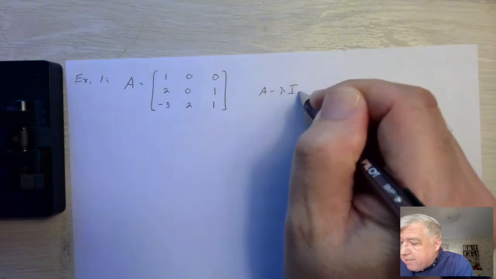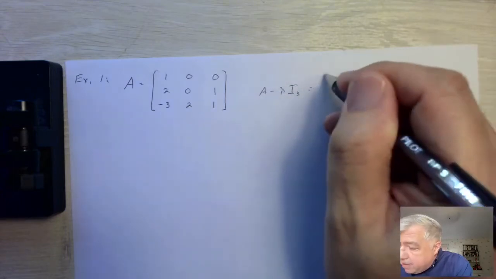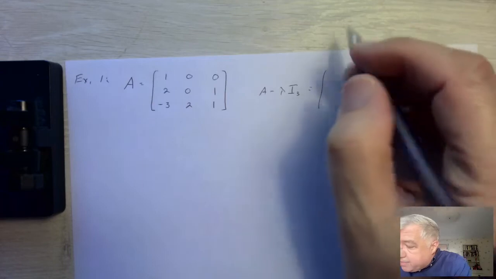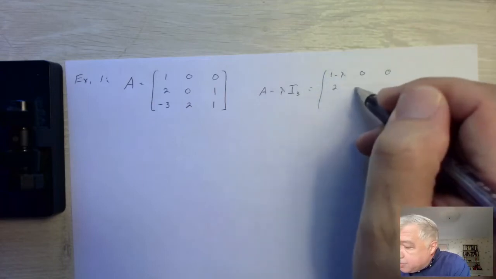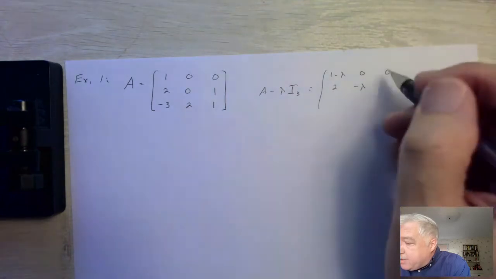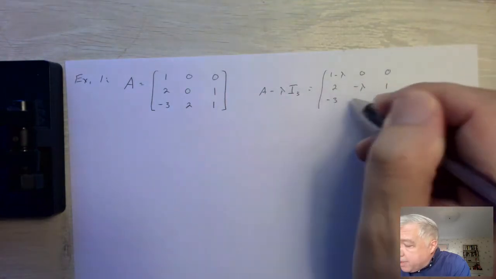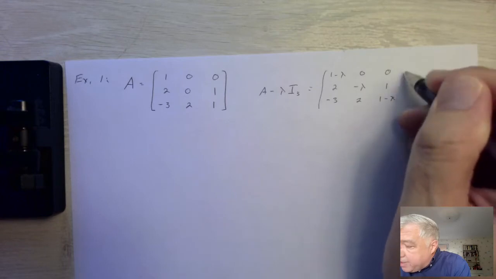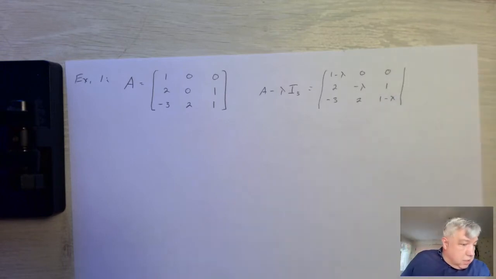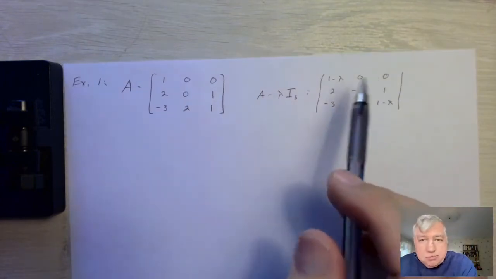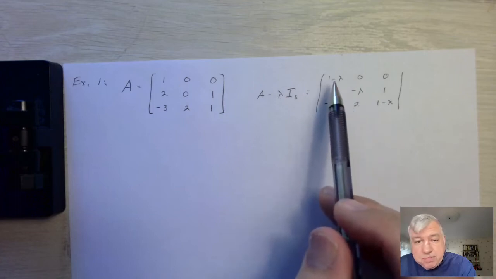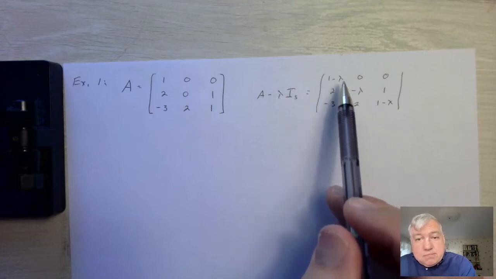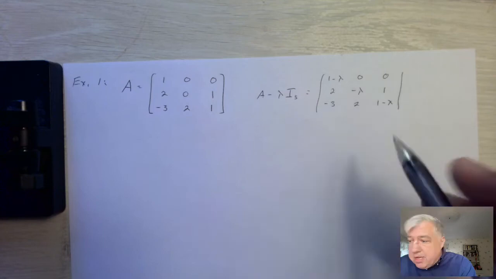In this case it is A minus lambda I_3, and that will be the matrix 1 minus lambda, 0, 0, 2 minus lambda, 1, negative 3, 2, 1 minus lambda. Because we have 2 zeros in the first row, it makes sense to expand on the first row, and that will be easy.